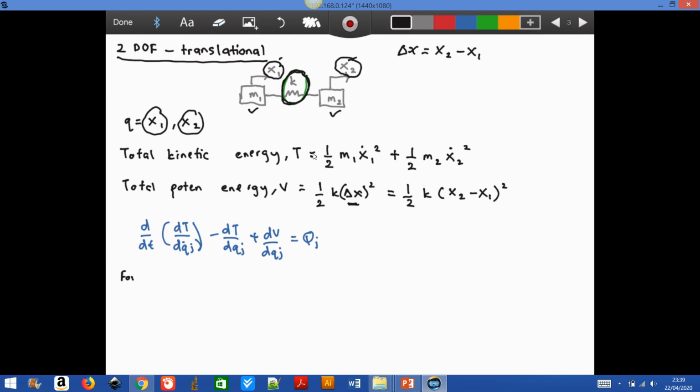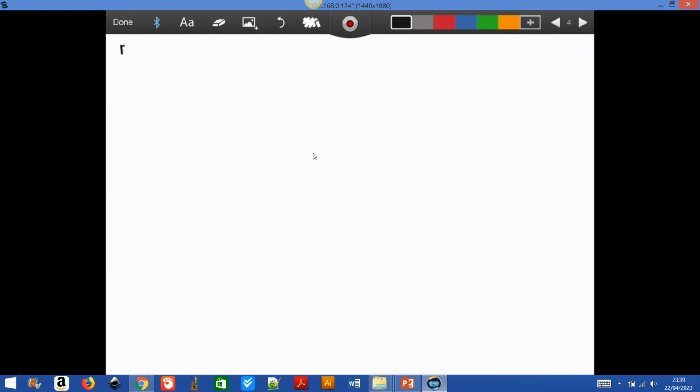So for q equals x1, maybe I write one by one first.